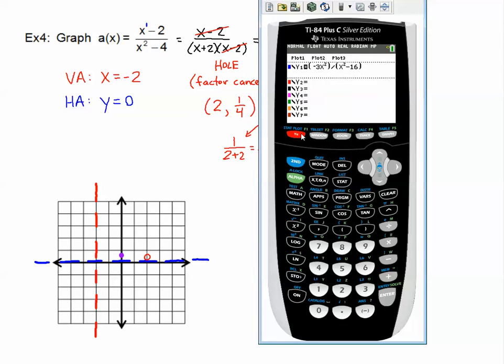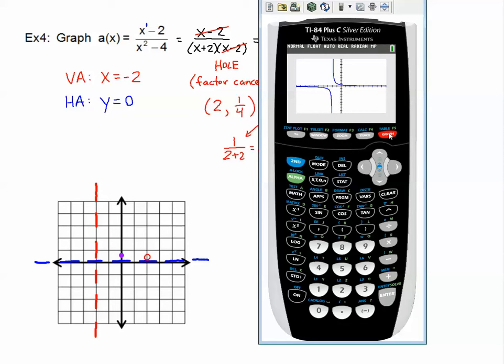I'm going to plug in x minus 2, of course putting that in parentheses, divided by x squared minus 4, and again putting that into parentheses. Let's press graph and see that it does fit into our shell here.